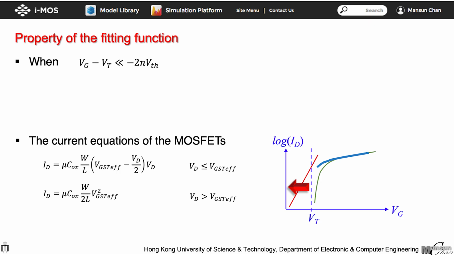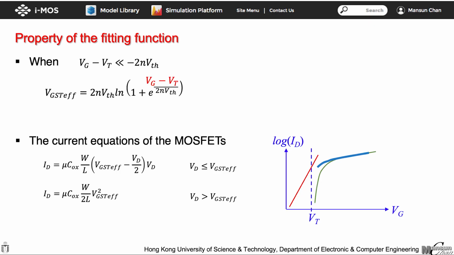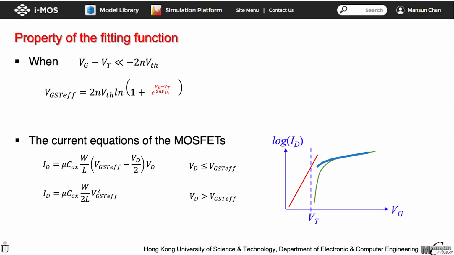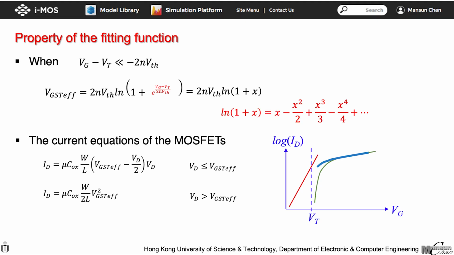When the magnitude of Vg minus Vt becomes much larger than 2NV thermal, the index of the exponential term becomes a very large negative number, and the exponential term becomes a very small positive number. We can express the quantity inside the logarithmic term to be 1 plus x, where x is a very small number given by the exponential term. If we expand the natural log of 1 plus x, the following series will be obtained.